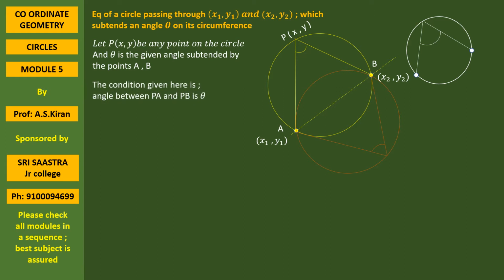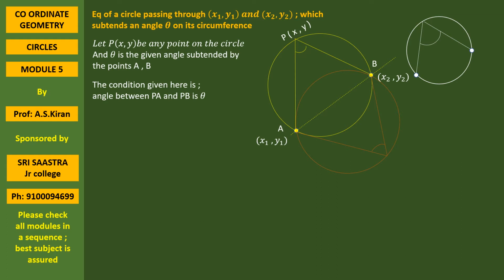What is the locus condition given here? The condition given here is the angle between PA and PB. Why do we take only PA and PB? Because P is a general point. Anyway, A and B are given points. The angle between them is theta.